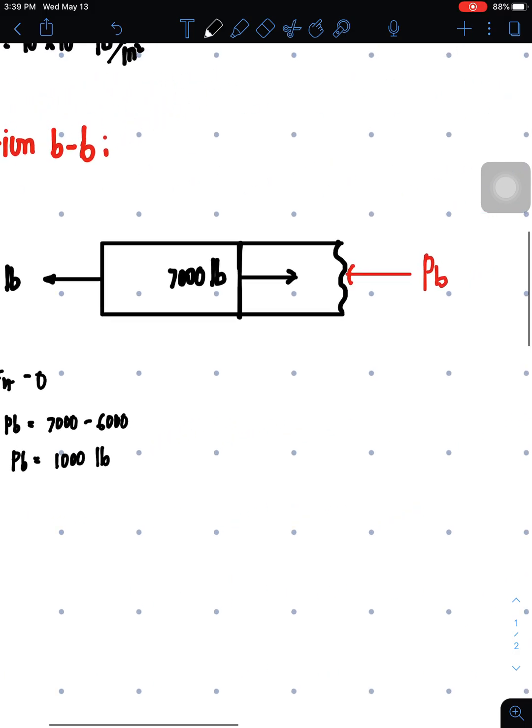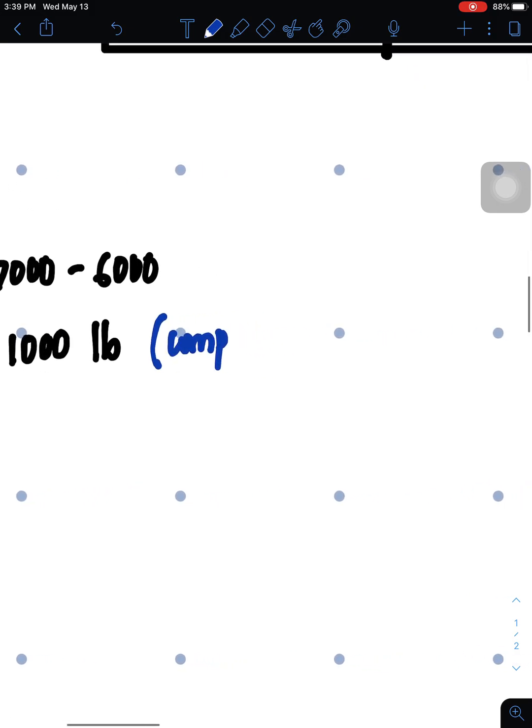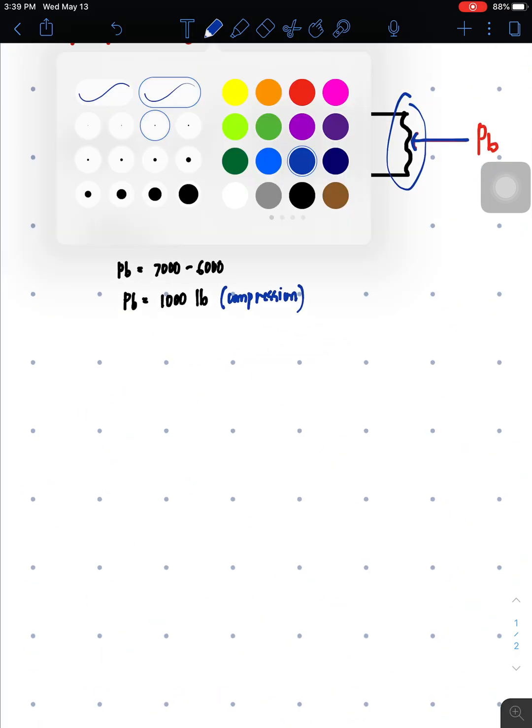And as you observe, the force is pointing towards the body. So therefore, PB is compression. So it is compression.